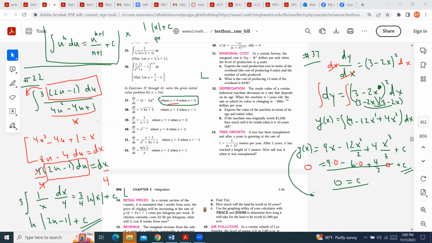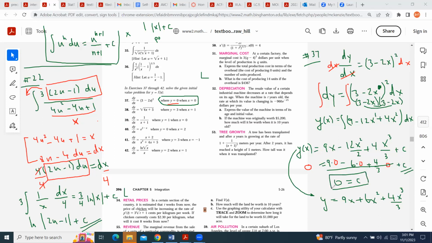Well, for this particular case, my function y of x is going to be 9x plus 6x squared and 4 over 3 times x cubed. And this is without constant, because constant happened to be 0.